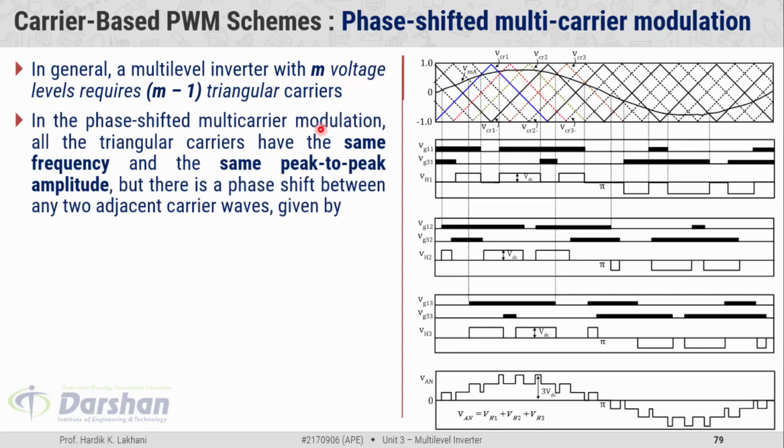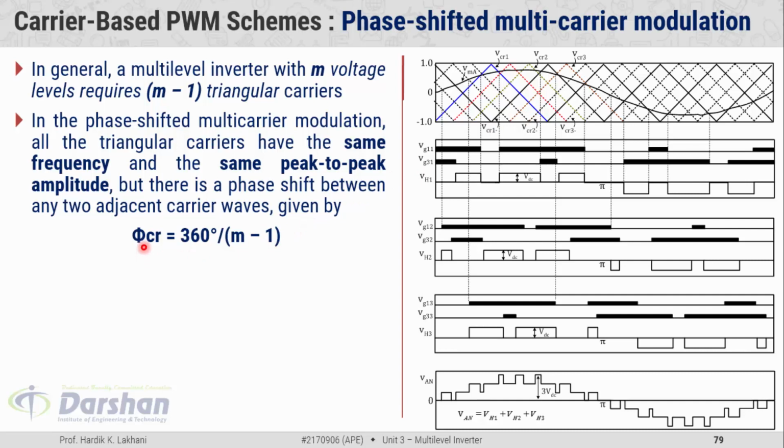In the phase-shifted multi-carrier modulation, all the triangular carriers have the same frequency and the same peak-to-peak amplitude. But there is a phase displacement between any two adjacent carrier waves, which is given by phi CR equal to 360 degrees divided by M minus 1.